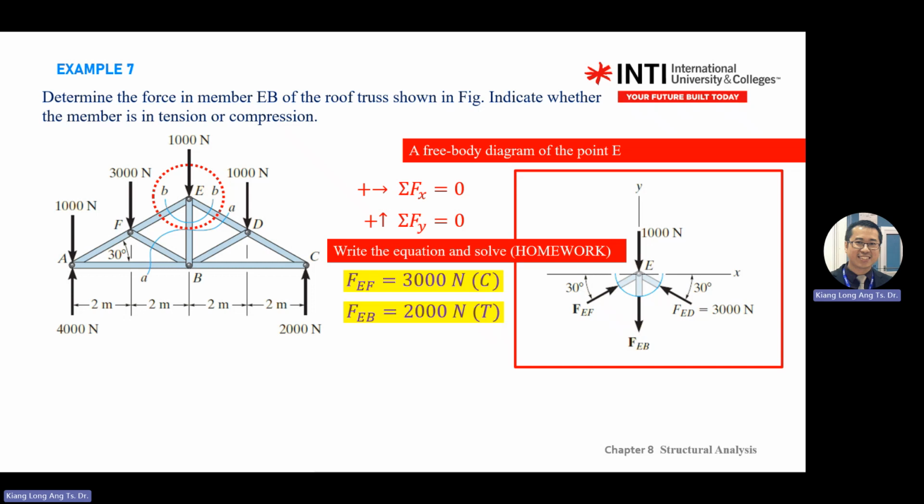You need to draw full expanded free body diagram with pin and member. Right? Then tell me which one is C, which one is T, the member, not pin. Okay, so this will be what we learned so far.